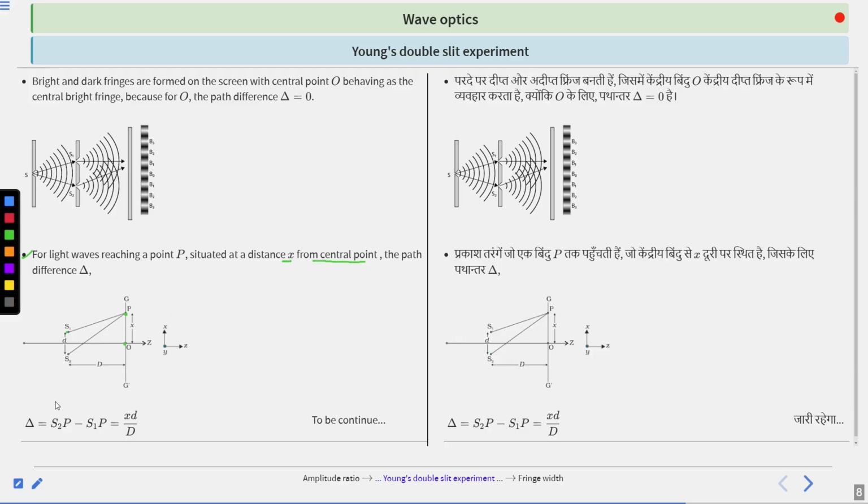So the path difference is equal to S2P minus S1P, where S2P is greater than S1P, which is equal to xd divided by D. This is the path difference when both waves meet at point P.